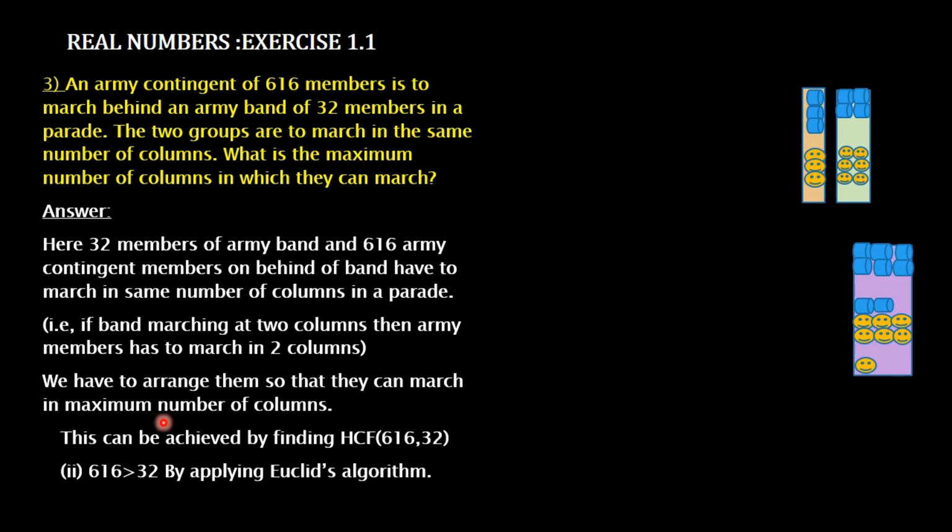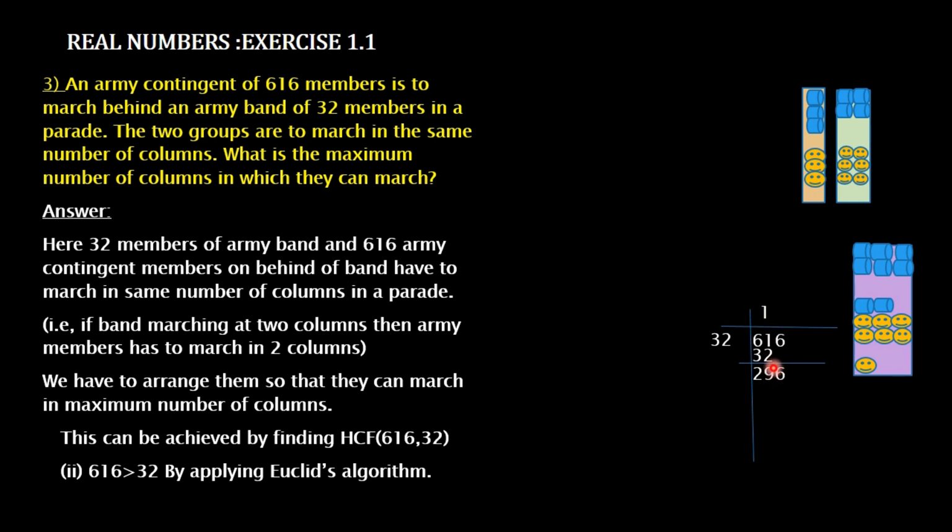That is 616 divided by 32. Then 32 goes 1 time into 61, that is 32. Then by subtracting we will get 29. We bring down the 6 here. Then 32 goes 9 times into 296.